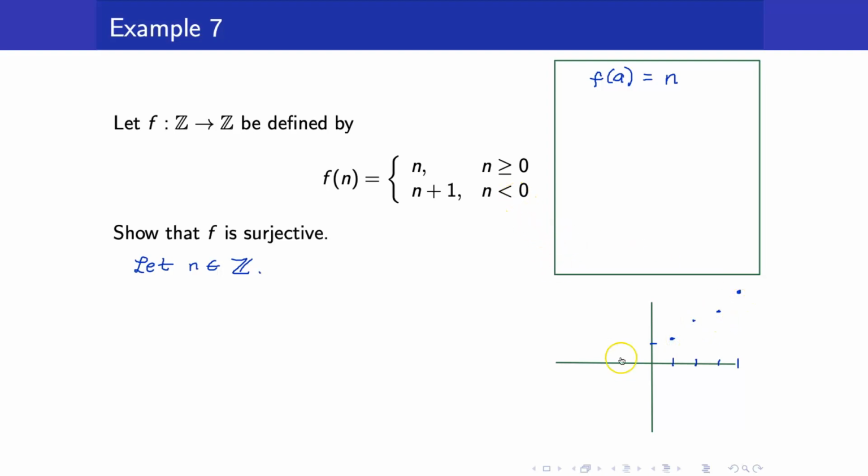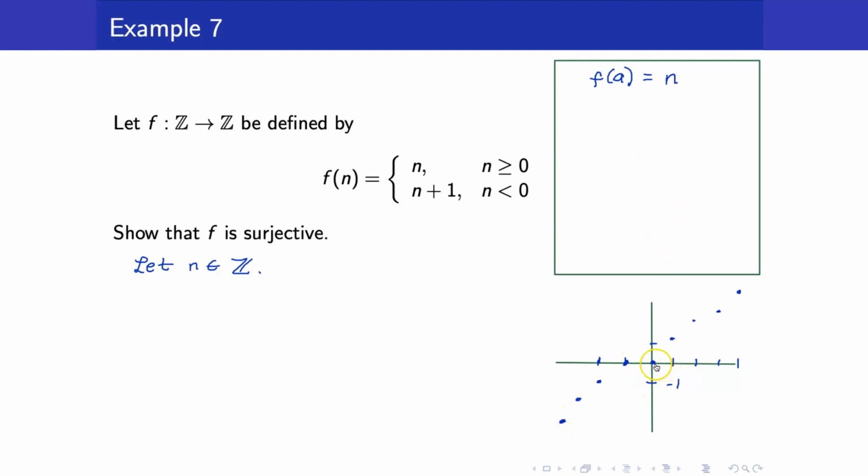And then if n is less than 0, if n is equal to 0, we have this. If n is negative 1, so that's negative 1 plus 1. So that's also this one. And then if it's negative 2, this one. So something like that. Okay.